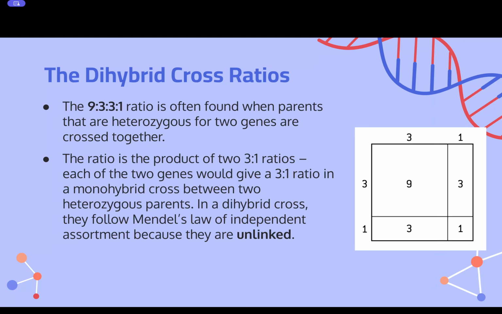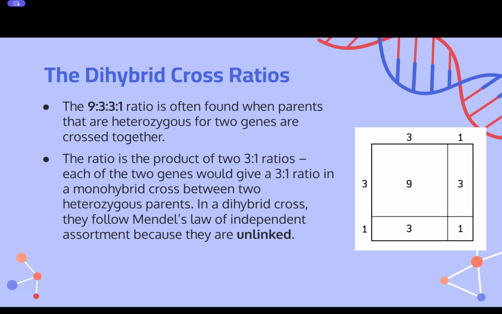So the dihybrid cross ratio is the 9:3:3:1 ratio, which is often found when parents that are heterozygous for 2 genes are crossed together. So the ratio is the product of 2 3:1 ratios.